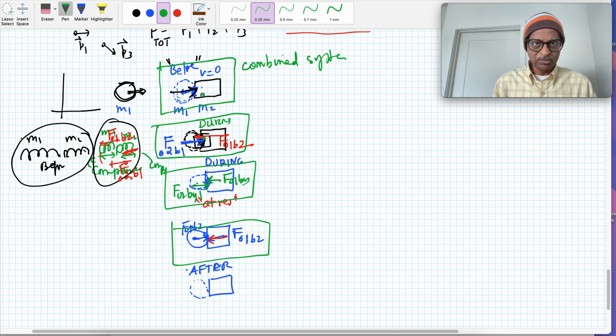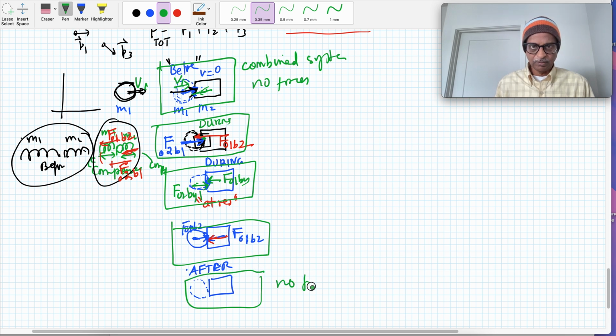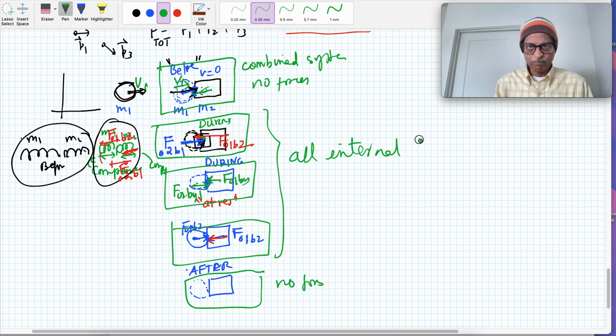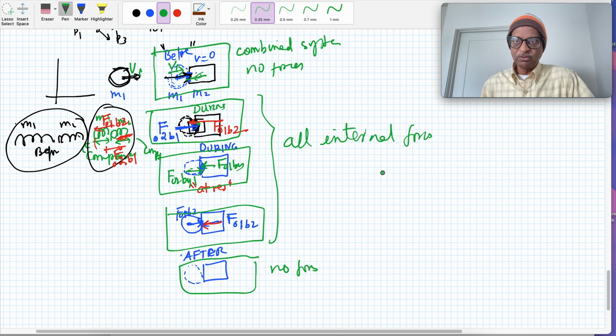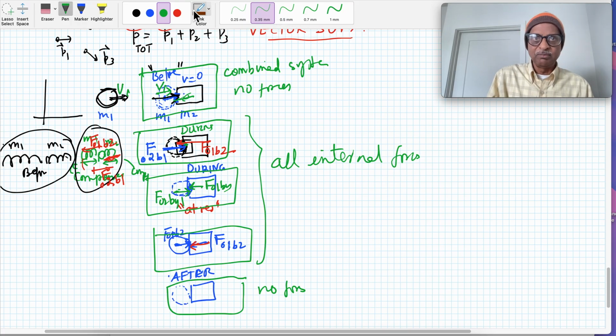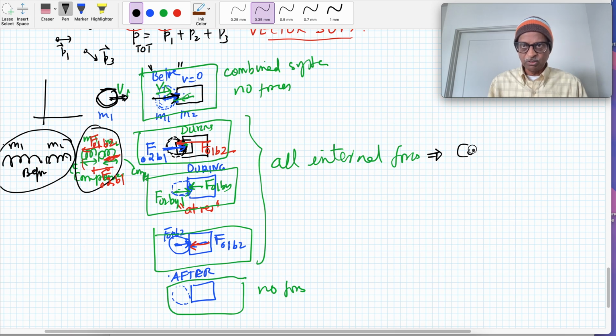These forces are internal. Before, it's just moving with V1, let's call it, and there are no forces. Over here, all internal forces. We already established that all you've got is internal forces, so momentum will be conserved. That means combined momentum will be conserved.